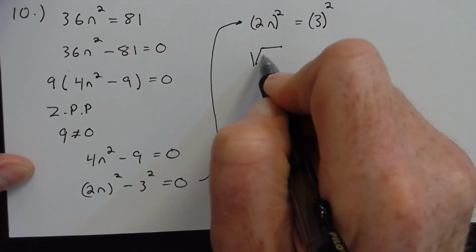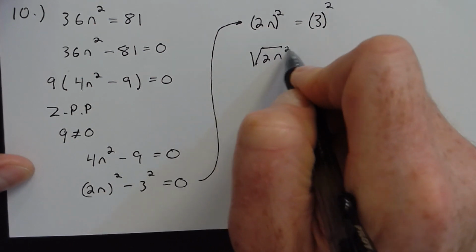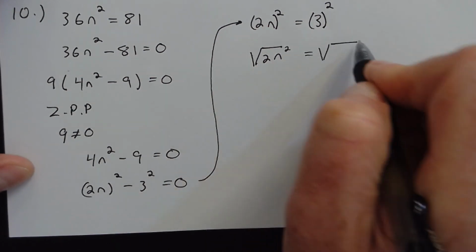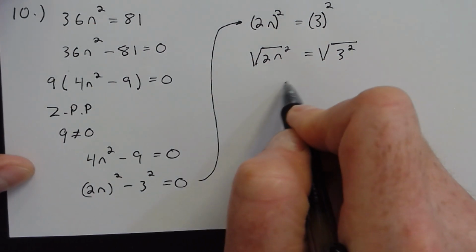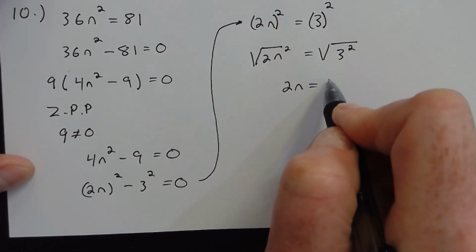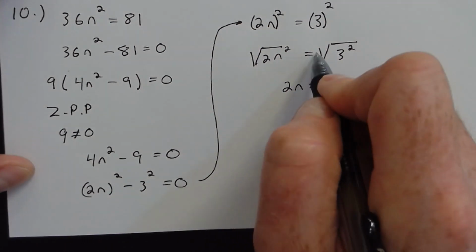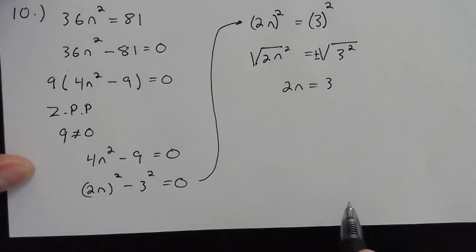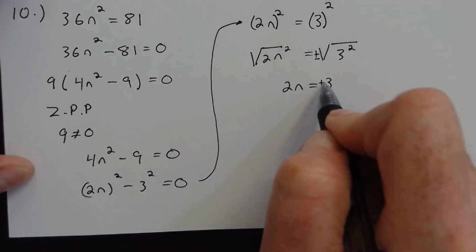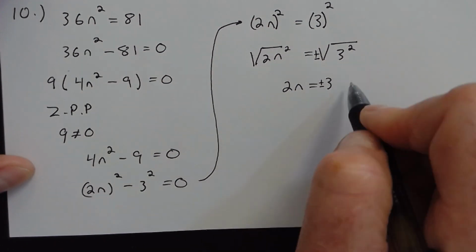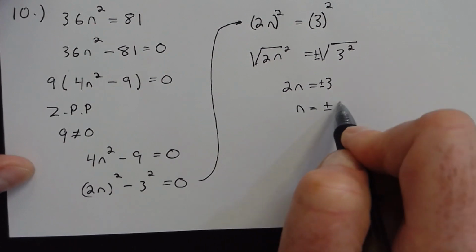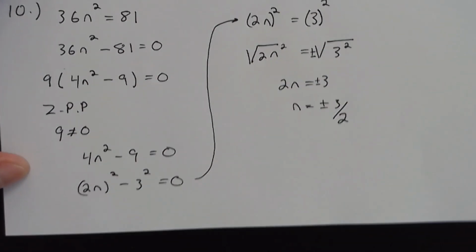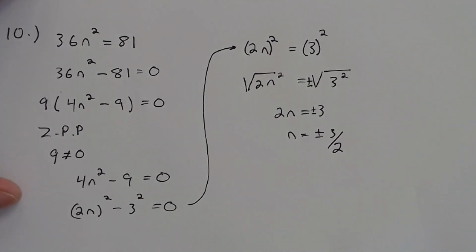I could take the square root of both sides. And then I'm left with 2n is equal to 3. Plus or minus though, right? Always plus or minus. n is equal to plus or minus 3/2.